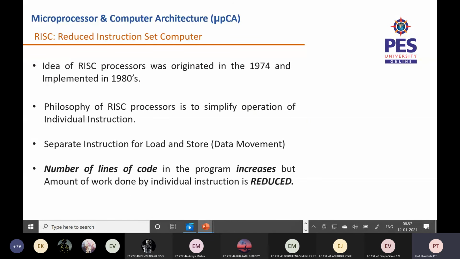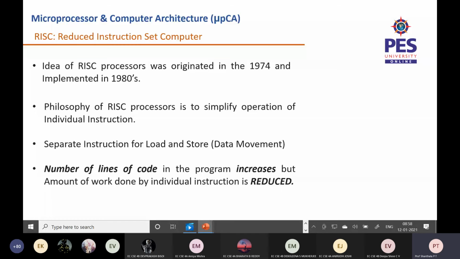Now if I go to the RISC machine, what is the philosophy here? The idea of the RISC processor originated in 74 and was implemented in the 80s. The philosophy of the RISC processor is to simplify the operation of the individual instruction. I mean, we will have separate instructions for load and store.